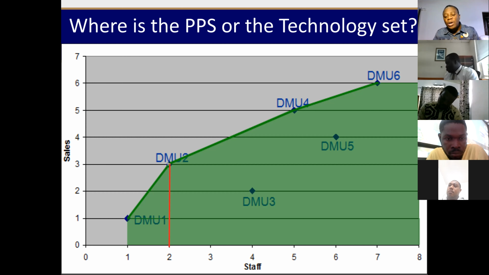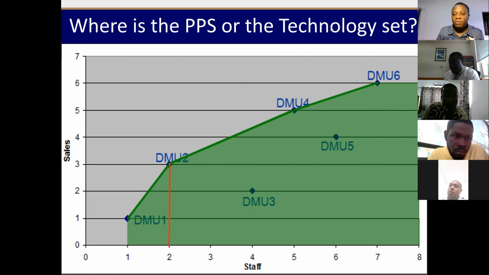So if you are calculating the output technical efficiency score for DMU2, it will be what divided by what? Who can tell me? My interest is your ability to know what it is divided by, not just telling me the answer, but your ability to tell me that it is this divided by this.